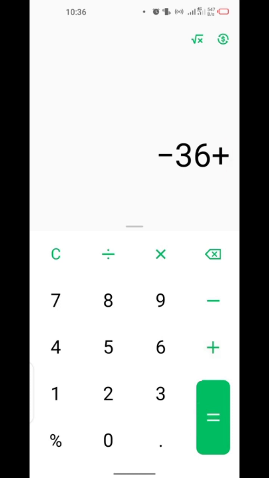So 36 plus 41 is 77. So this you can also increase more and have 7 times, because we had calculated for 6 times. So 7 times 6 is 42. 42 plus 41, which is 83, and you are good to go.